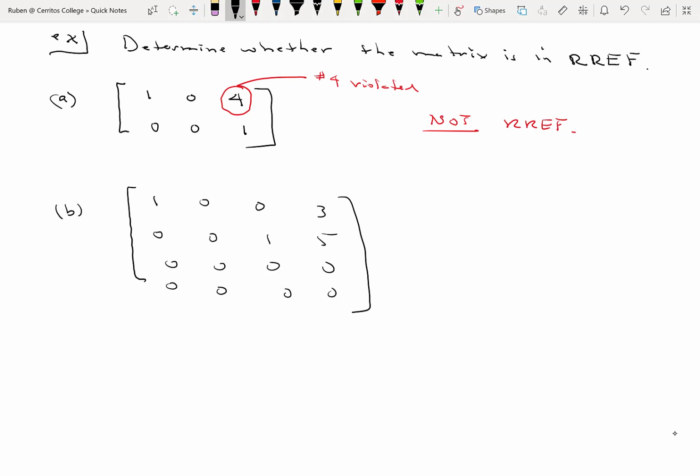Yes, the leading one in the second row is below and to the right of the leading one in the first row. Sure. So this is yes. This is in row reduced echelon form.